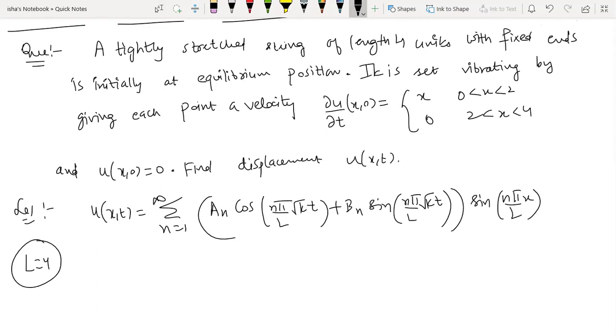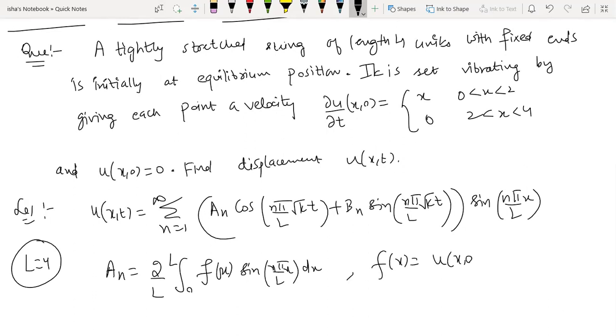Now you read the statement, because we know an is 2 by L, integral 0 to L, fx sine n pi by l x dx. So what is fx? Fx is the initial displacement. It's clearly given to be 0 in this question. Ux0 is 0 because initially the string is at equilibrium position. They are not giving any vertical displacement. They are trying to generate the vibration in the string by giving its initial velocity but not any initial displacement. So fx is 0.